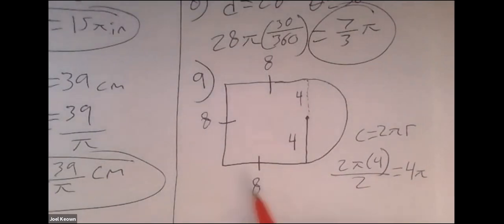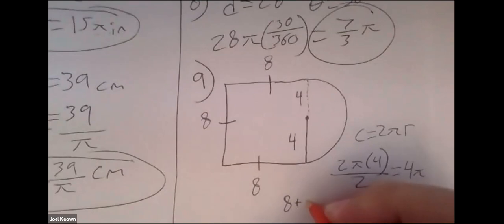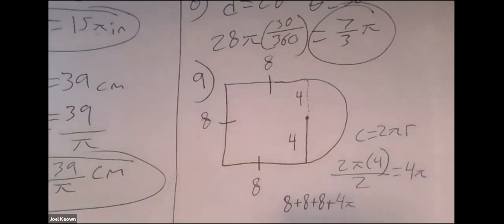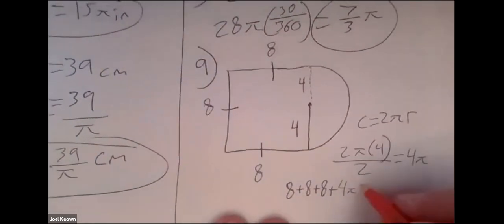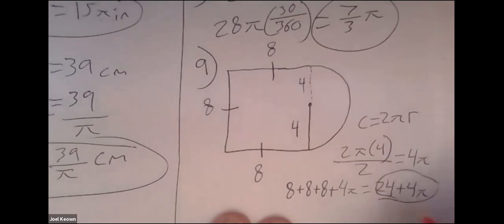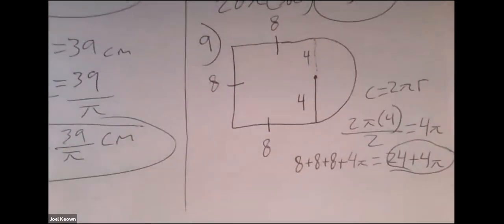So if I add all of my sides together, I get 8 plus 8 plus 8 plus 4 pi. 8 plus 8 is 16, plus another 8 is 24. So I'm going to say this is 24 plus 4 pi. I cannot combine those because that has a pi and that doesn't, and we'll leave it just like that.